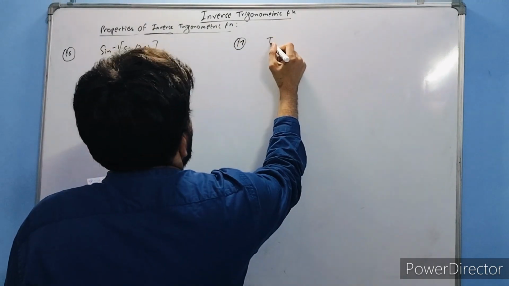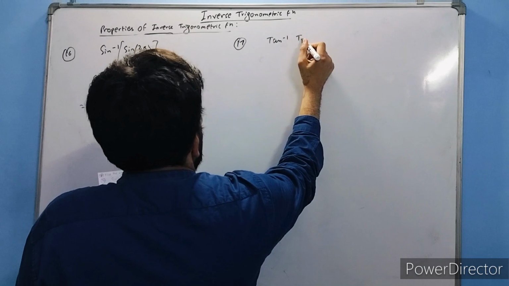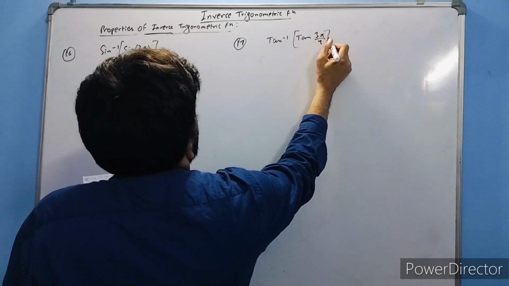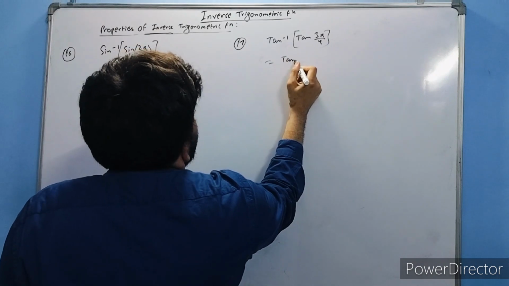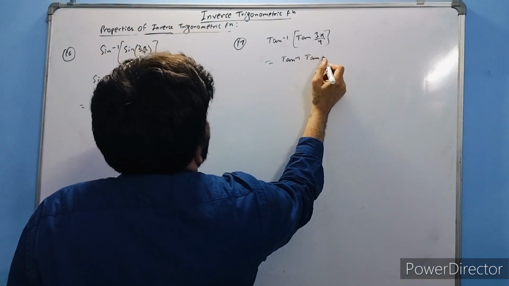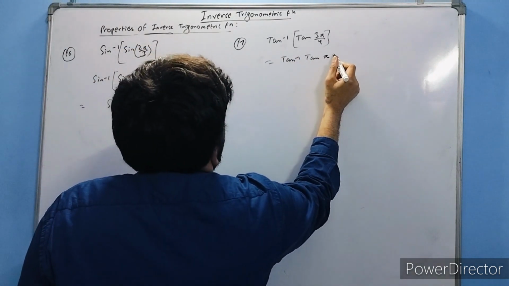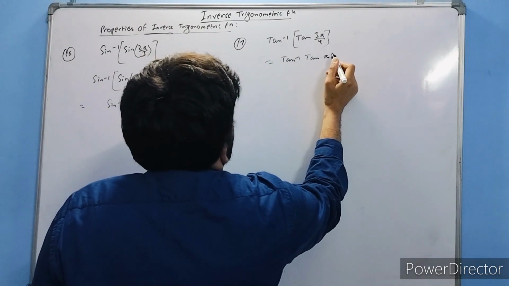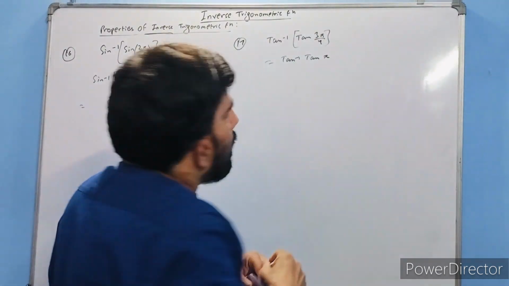We have here tan inverse tan 3 pi upon 4. So I can write here tan inverse tan of pi plus, or no, let's see, if I take this value, what will happen? Let us see.